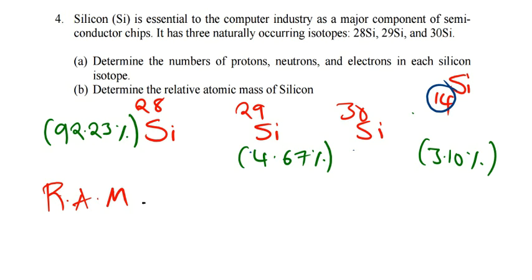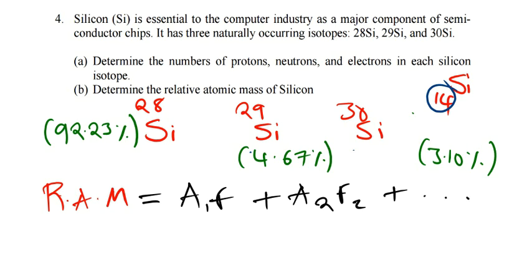So our formula is very simple. Basically just look at the mass number, multiply by the abundance, which I'll denote by F, and then do that for the second one as well, and so on and so forth. Okay, so for the first one, for example, we have 92.23%, multiplied by 28.